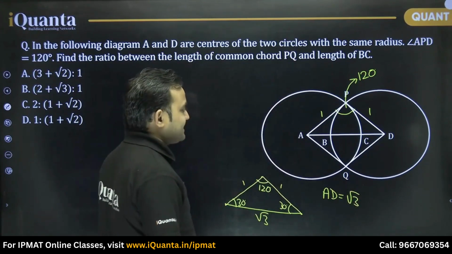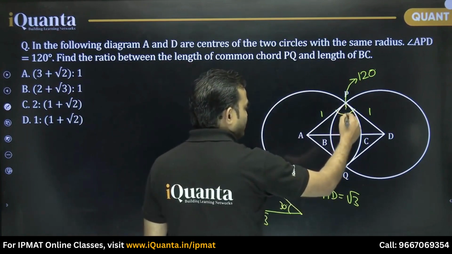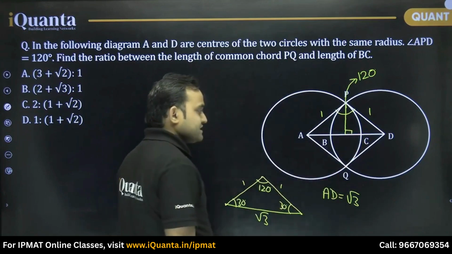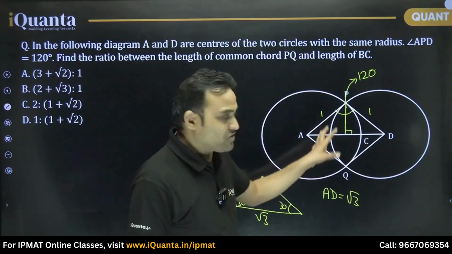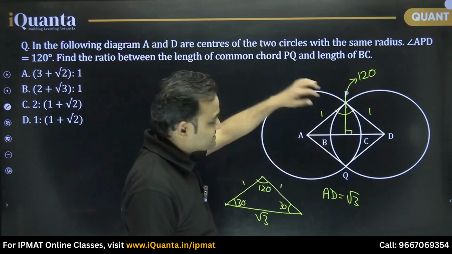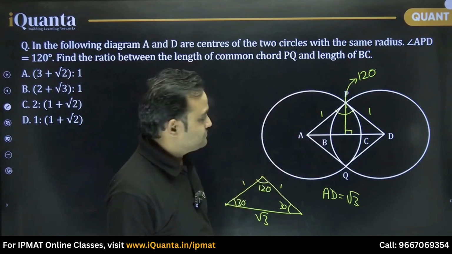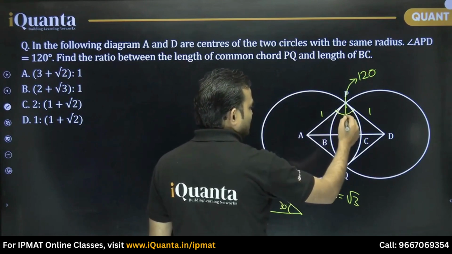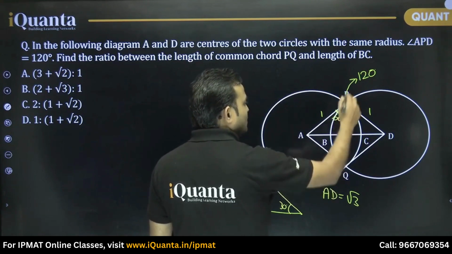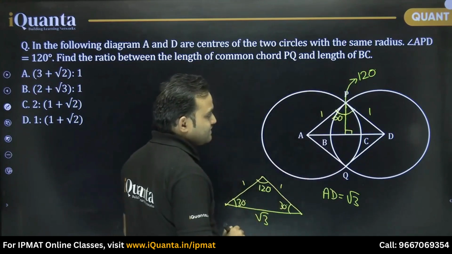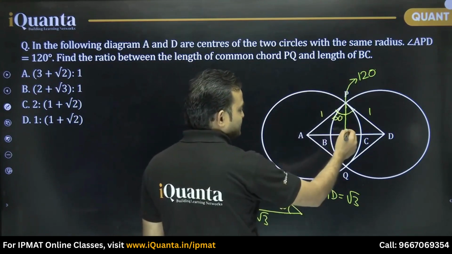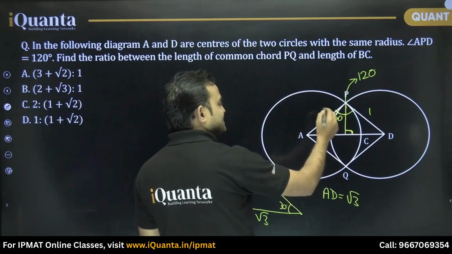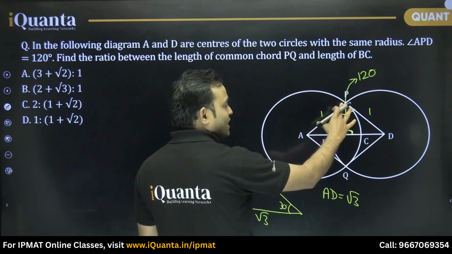Now in that case, if I draw a perpendicular here, can we say that by symmetry of this figure, as both the circles are of the same radius, this angle will be equal to 60 degrees because the whole angle is 120 degrees. In that case, this is 90 degrees, this is radius R, against 90 degrees its length is 1.